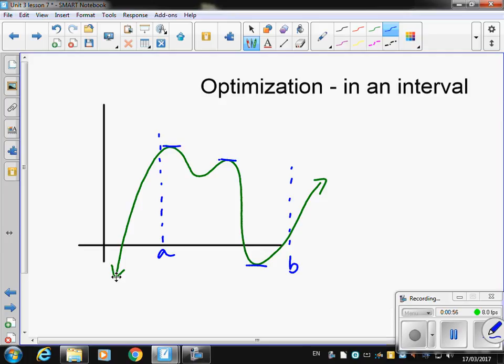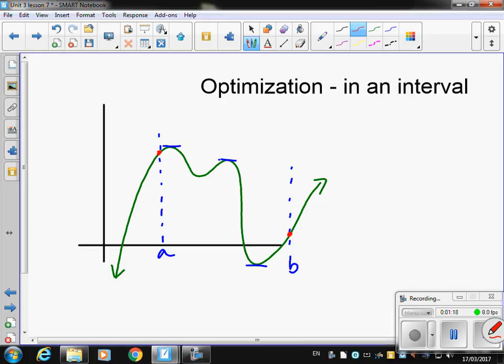I would also need to consider potentially the value at B and at A. It looks like with the one that I've drawn that my maximum and my minimum value will both be extrema, but it is possible for some that A and B would be a place of interest.